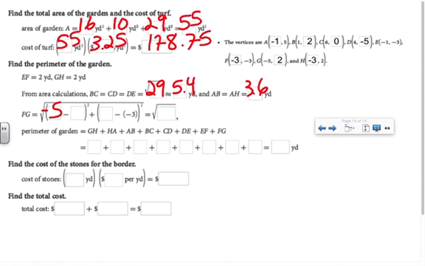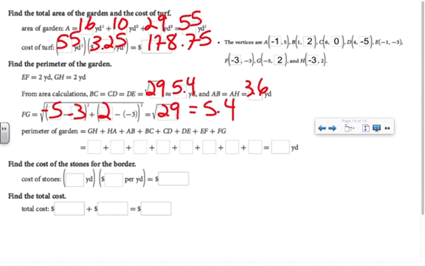So that's -5 minus -3 quantity squared, and then 2 minus -3. So that is -2 squared is 4. 4 plus 5 squared is 25, so that's square root of 29. So I know that's another 5.4.